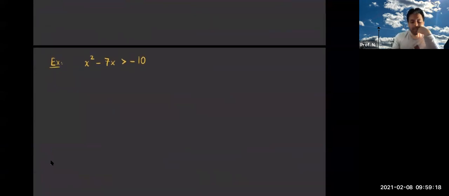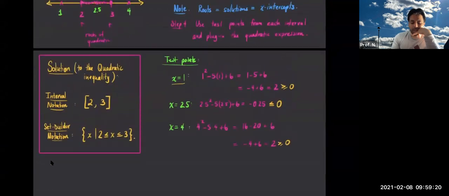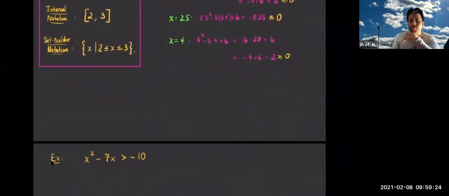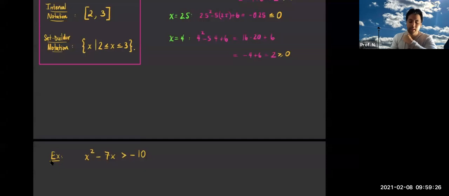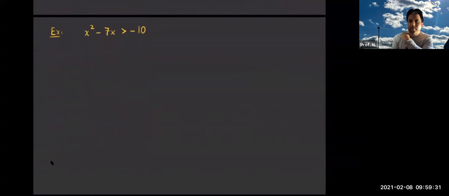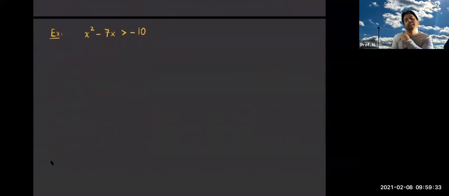Chen, yes, any number between 2 and 3 to test it, you can choose anything. You can use 2.1, you can use 2.9, you can use any number. So what if I have this one here? So the first step would be what?